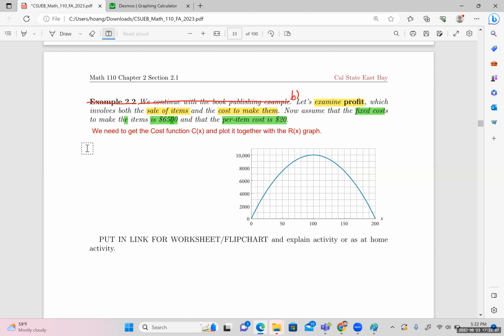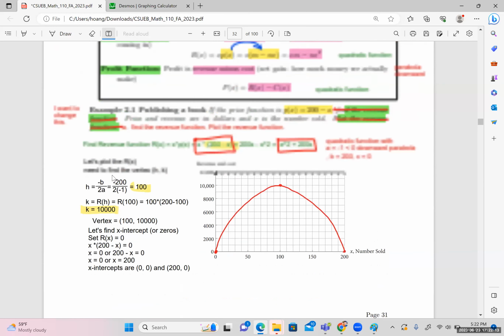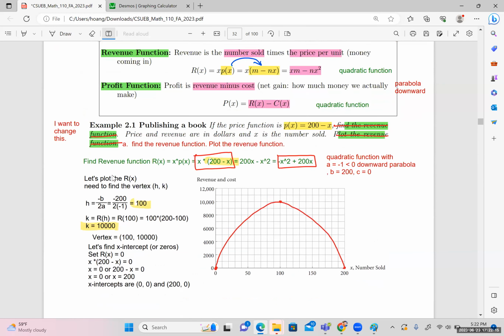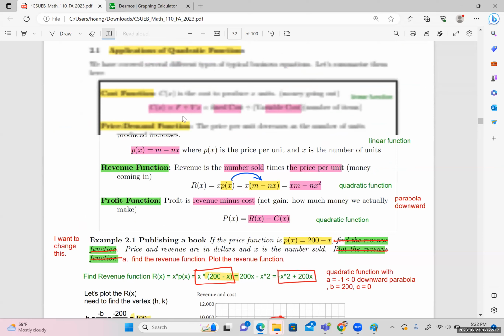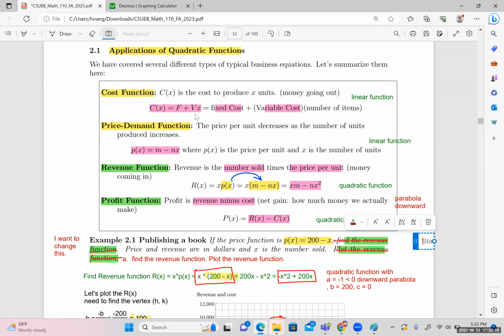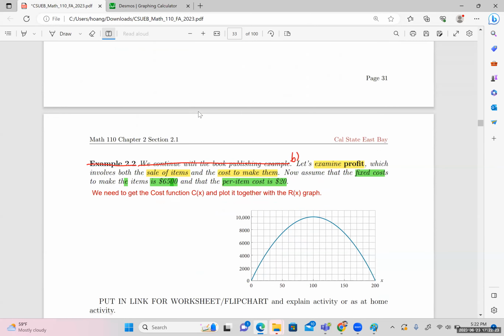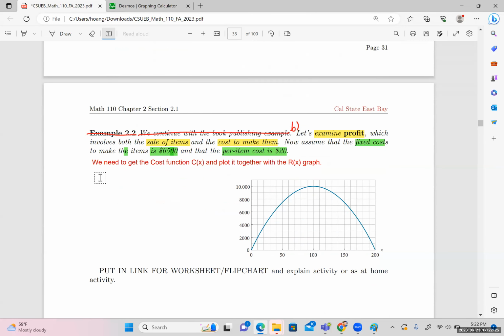So how do we find the cost function? As you remember, the cost function is a linear function, which is the fixed cost plus the variable cost per unit. So we can just say C(x) equals F plus Vx.